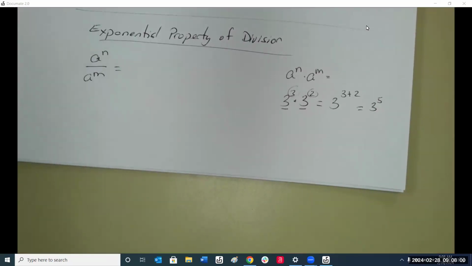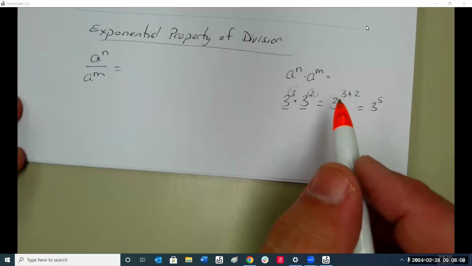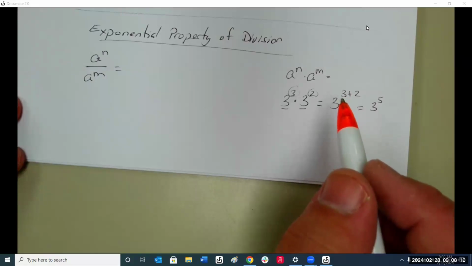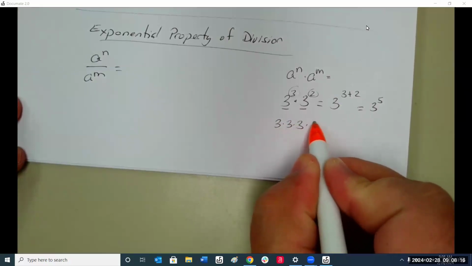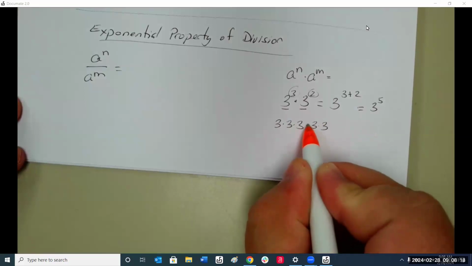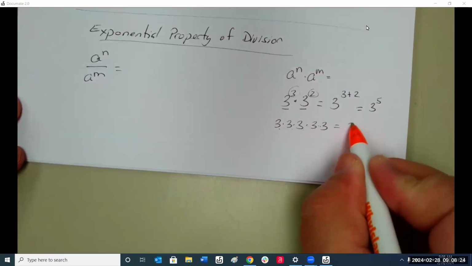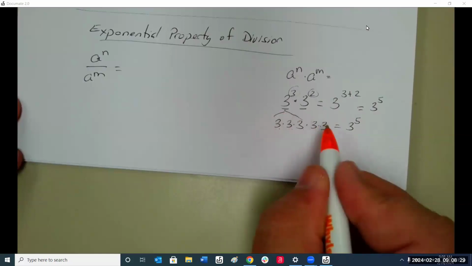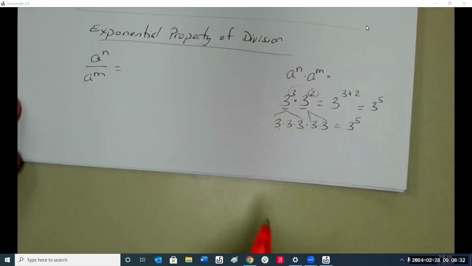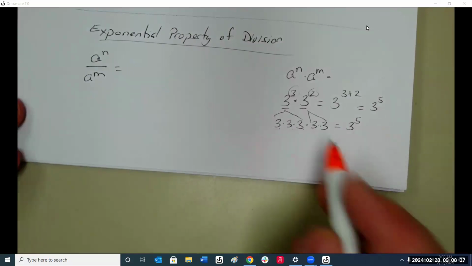How can I prove that? You do 3 times 3 times 3, and then times 3 times 3. Not plus, it's multiplied. So now you have 1, 2, 3, 4, 5. It's all the same number, occurs 5 times. So that's exactly how you prove it. Since they're all multiplied, I simplify it.